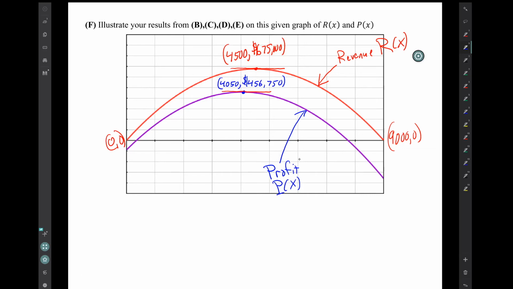Notice the weekly profits, in addition to having a peak a little bit to the left, are lower than the weekly revenue. That makes sense because profit is revenue minus cost.